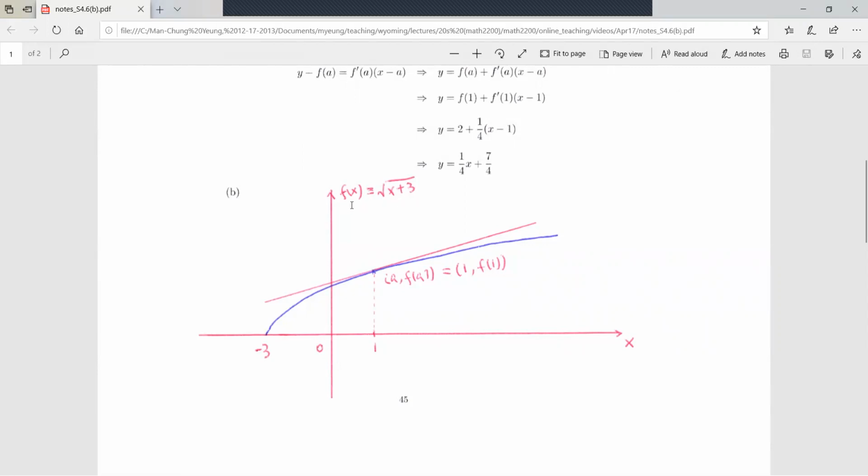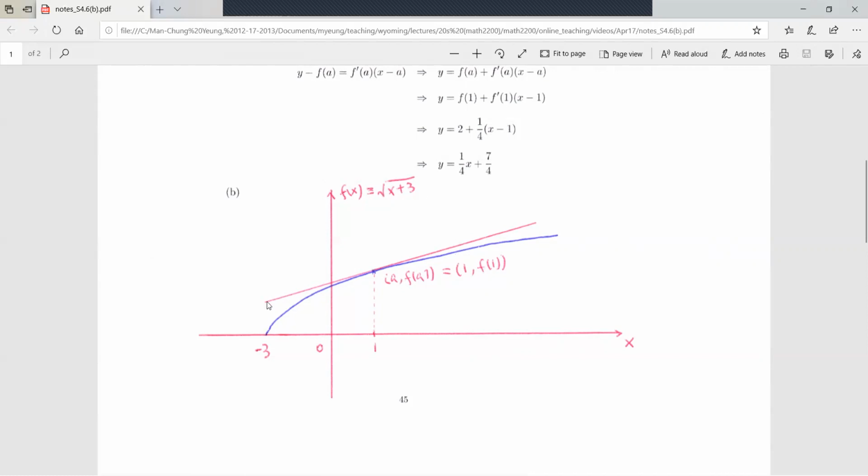So the graph of this function is this blue curve. Point 1 is here, a is here. The corresponding point on the curve has x y coordinates 1 and the function value at 1. Plugging in 1 for x here, the function value at 1 is 2, the square root of 4.